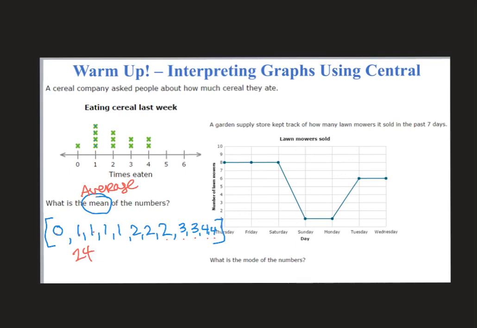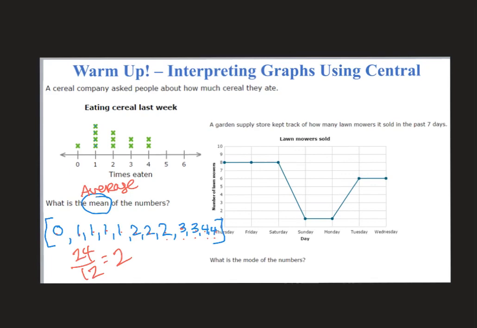Now we have 1, 2, 3, 4, 5, 6, 7, 8, 9, 10, 11, 12 numbers. So the average of all these numbers is 2. Just like if I were to take your test scores and average them together, I would add up all your test scores and see what the average was. So the average for eating cereal last week is 2. So 2 times eaten cereal last week was our average.